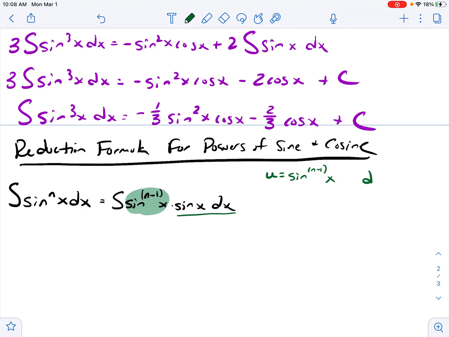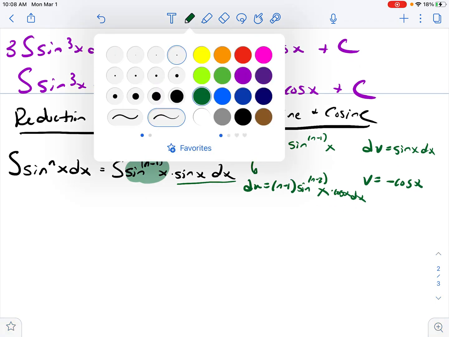This will be the dv portion, I should say. When I integrate, I'll get back negative cosine of x. Now, for the du, bring down the power, n minus 1, sine to the n minus 2nd power of x, times the derivative of sine, which is cosine of x dx. Okay? So let's see what happens now.